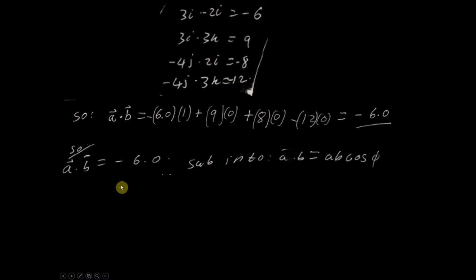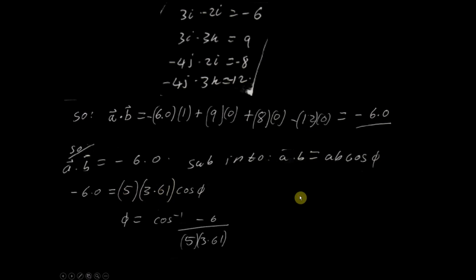So let's sub now our negative 6 into AB equals AB cos phi. Here we've got 5 for A, we've got 3.61 for B. This will give us phi is inverse cos of negative 6 over 5 times 3.61, which gives us 109 degrees.